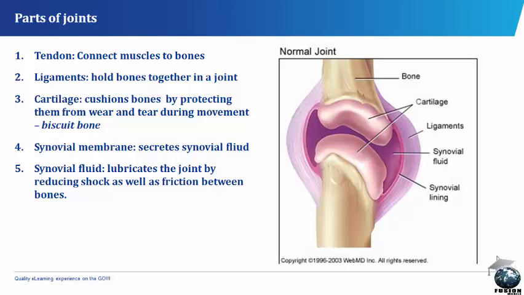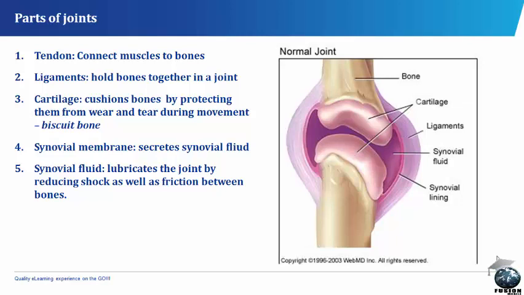2. Ligaments. They hold bones together in a joint. They are able to accommodate movements at the joints due to their elastic nature. This differentiates them from tendons. 3. The cartilage. This cushions bones by protecting them from wear and tear during movement.